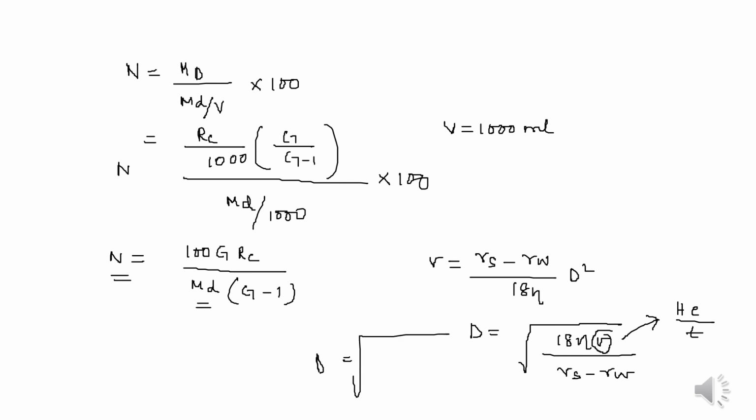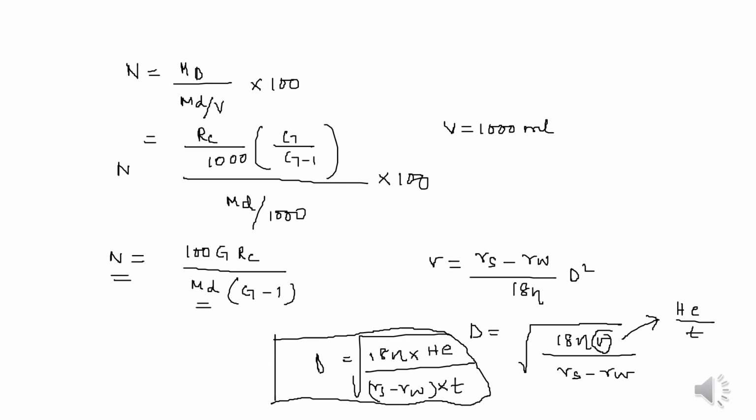So d is equal to root over 18 eta into He divided by gamma s minus gamma w into time t. So we should always keep in mind, whenever we are using these equations, the unit of the different terms involved, right?